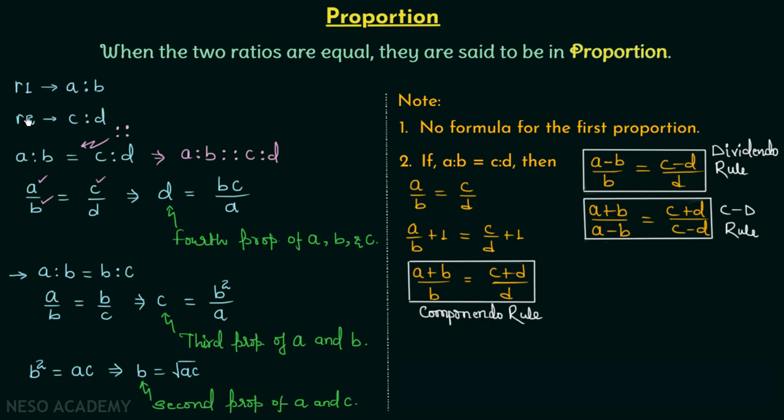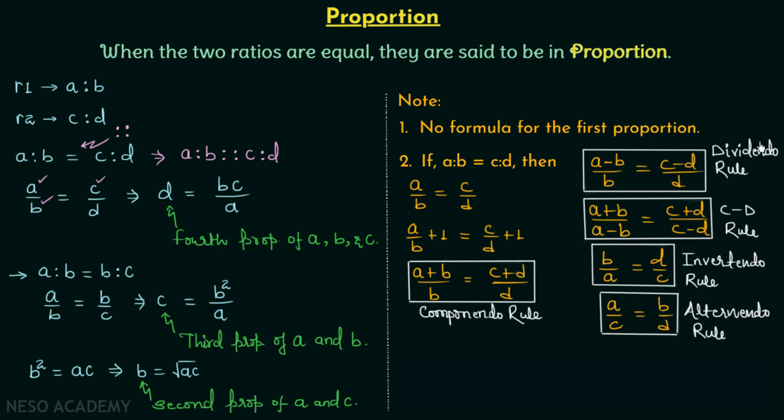We will have B over A equal to D over C. And this rule we call invertendo rule. Now moving on to our last rule. In this rule, we will replace B and C. It can be done. We will have A over C equal to B over D. And this we call the Alternendo rule.